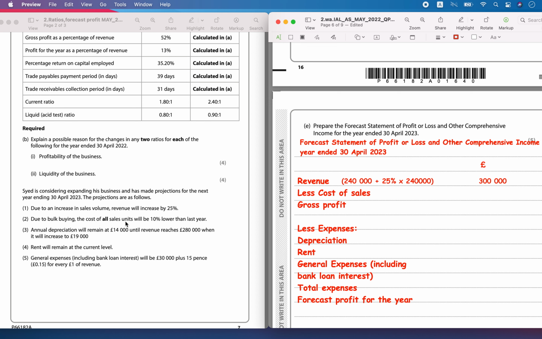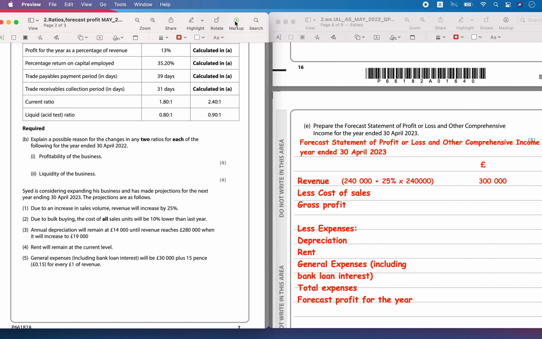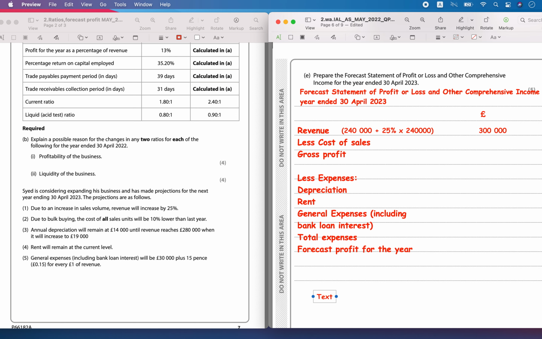Then due to bulk buying, the cost of all sale units will be 10% lower than the last year. So let's calculate that. Okay, so what happens is cost of sales is going to have some quantity and price, right? Cost of sales will have some quantity times price. Now the sales volume, the quantity has increased by 25%.